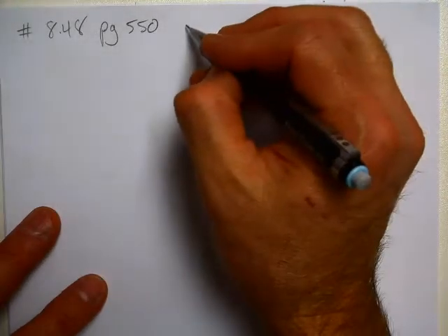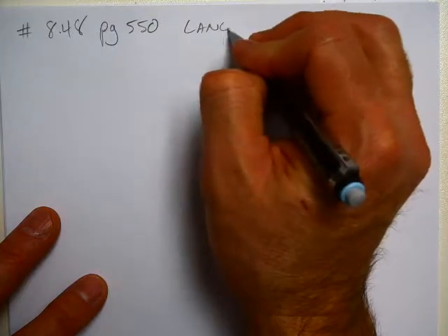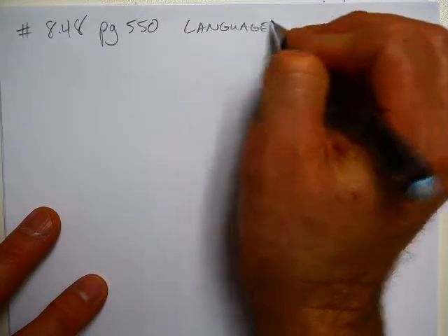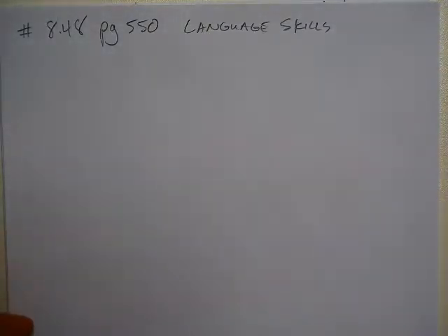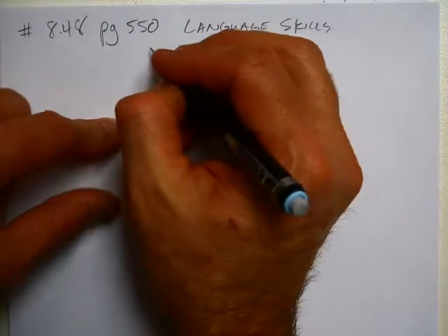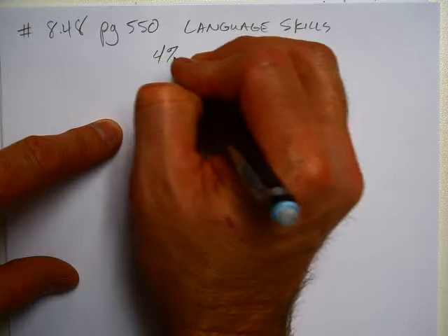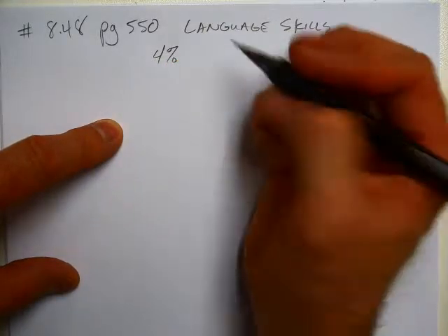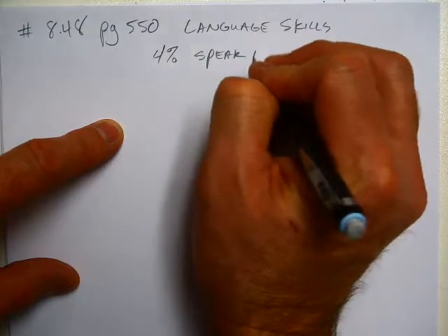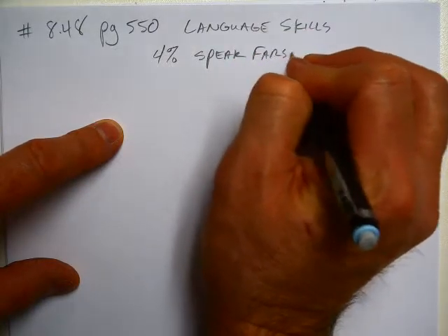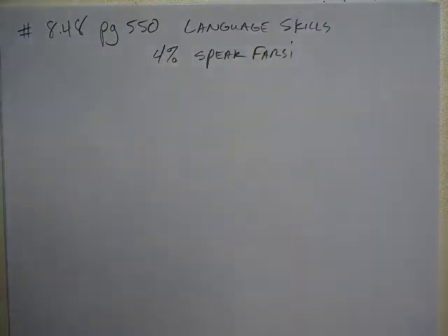It's talking about language. The State Department is trying to find individuals who speak Farsi, and they've calculated that 4% of the population that they're pulling from speak Farsi, which is a Middle Eastern language.